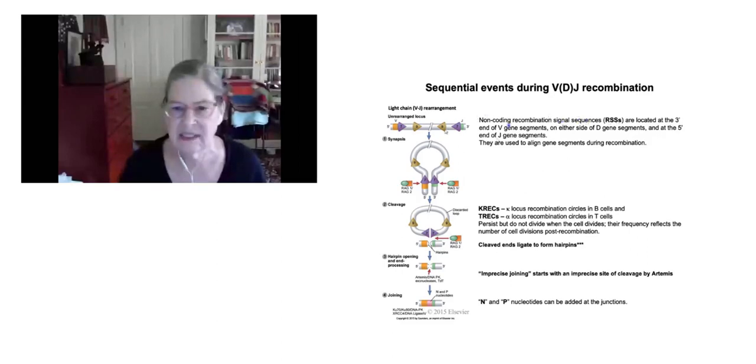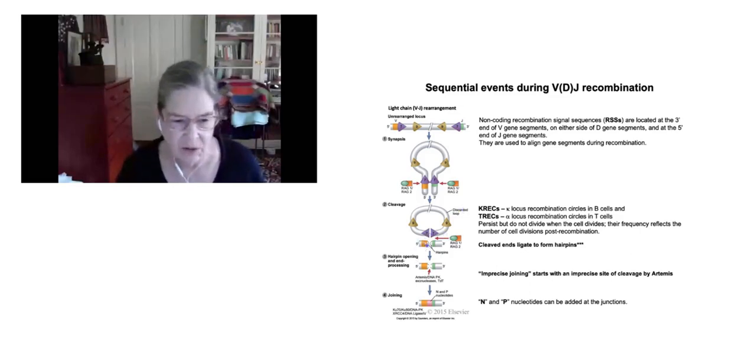They don't code for anything, but they allow the genes to get aligned so the RAGs can come in and do a cut here and do a cut here that are then bringing V and J together. And so as a result, you cut out a loop, and that's just sitting there like a little episome in the cell, minding its own business, and it gets ligated.